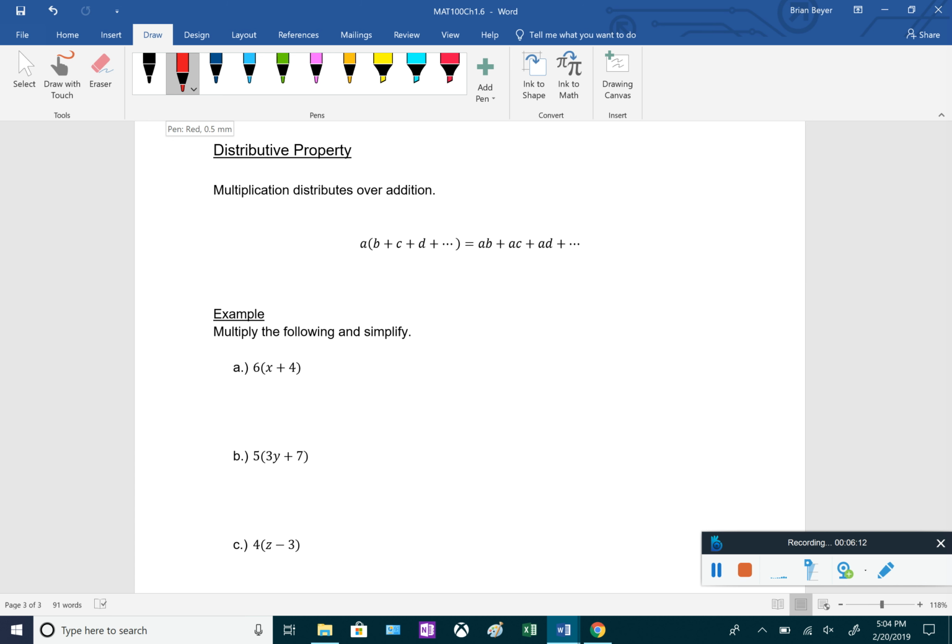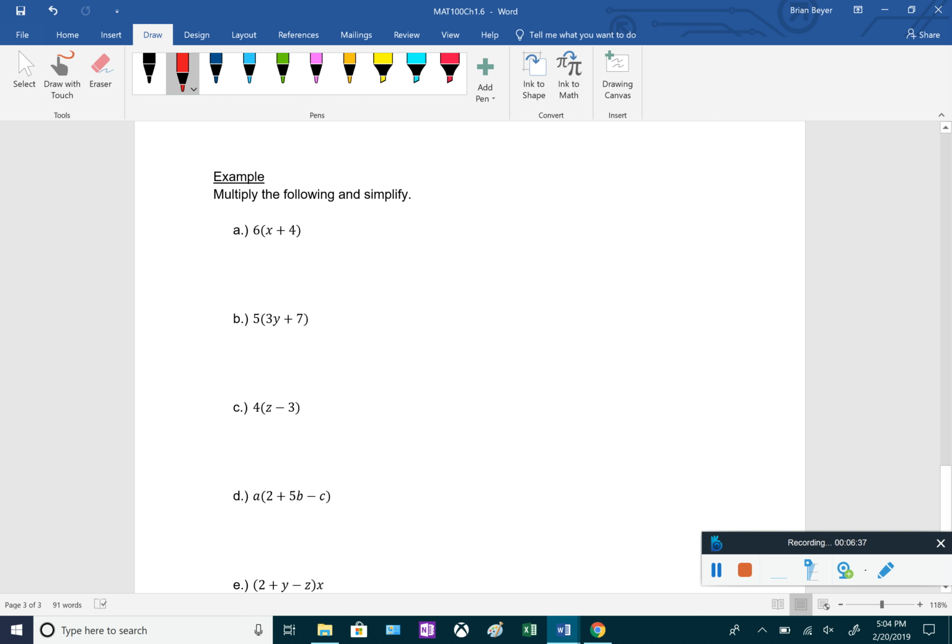And then we have the a multiplying everything out front. So to simplify that, we distribute the a into every term inside of those parentheses, and we multiply it. So it's going to be a times b plus a times c plus a times d, and so on for however many terms are in there.